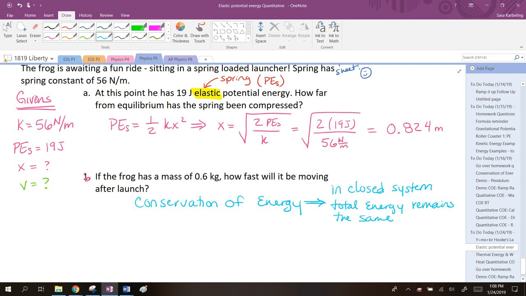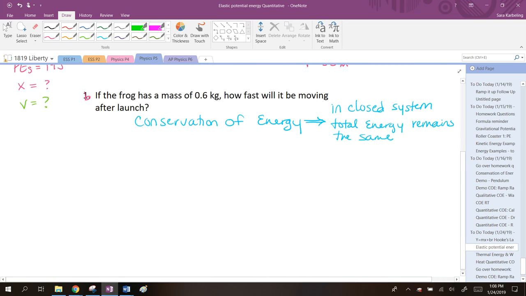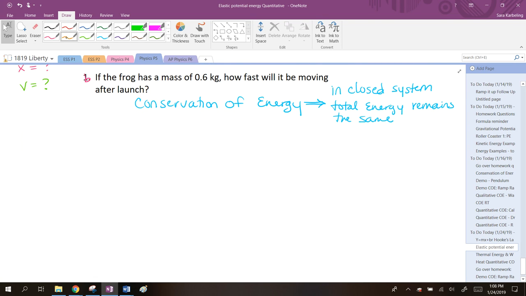All right. So how are we going to solve this question? This is what I would encourage you to do. Whenever I'm using conservation of energy, the first question I'm going to ask myself is what types of energy are involved? Well, what types of energy do we know about?